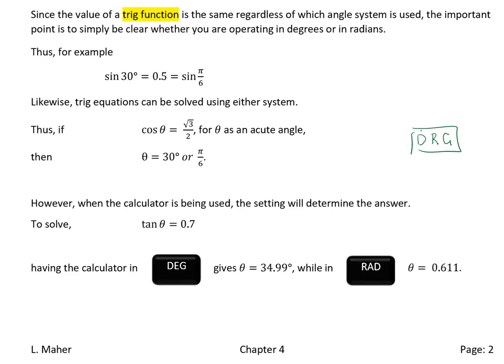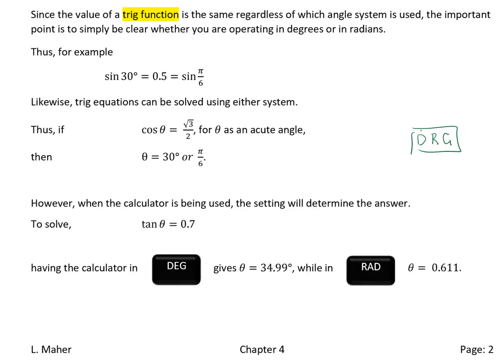So that's what you're going to want now to be able to use your calculator to find the sine, cos or tan in radian measure. Now, that becomes really important if we are solving a trig equation and we're asked to give the answer in radians. Give your answer in radians.